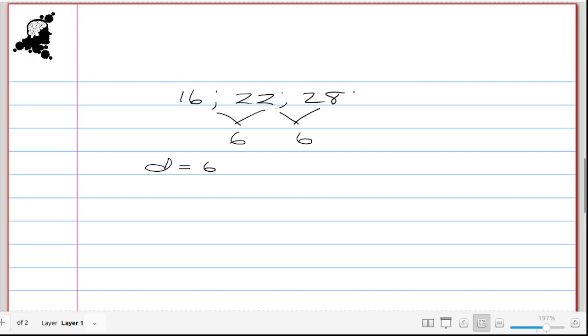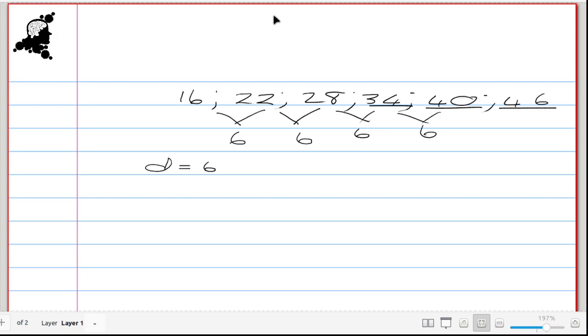So to get the next three terms, I'm going to say 28 plus 6, and that's going to give us 34. 34 plus 6 gives us 40. And then 40 plus 6 gives us 46. And there we have our next three terms. I hope this made sense.